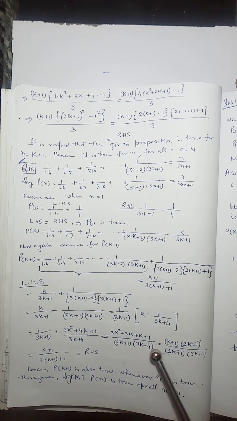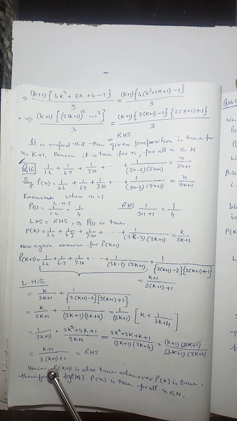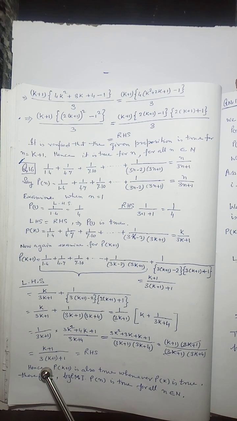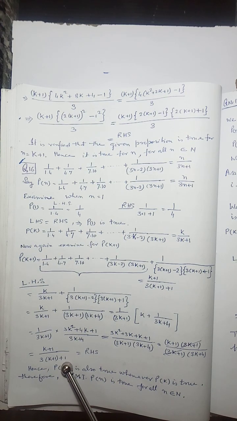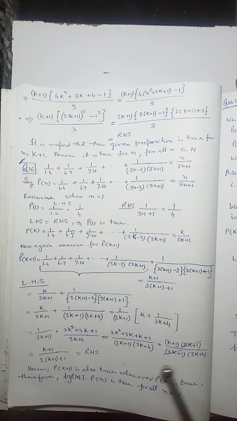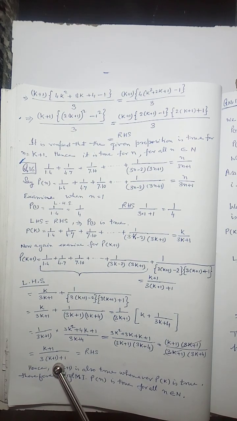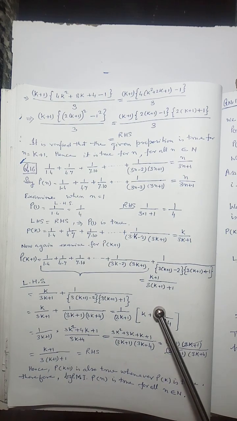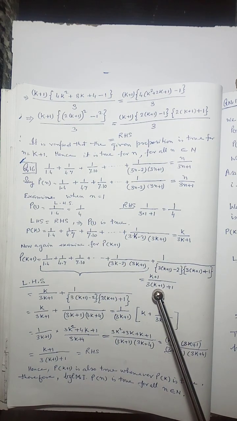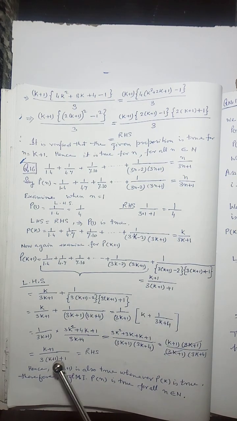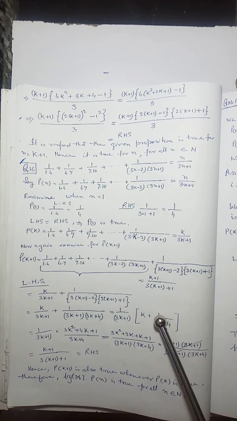And this 3k plus 4 can be written like this also, that is 3 in bracket k plus 1, plus 1. If you solve, you will get 3k plus 4. Now you see, this is the same thing which we have written already, so it is equal to the right hand side.